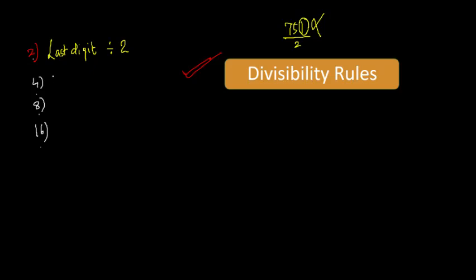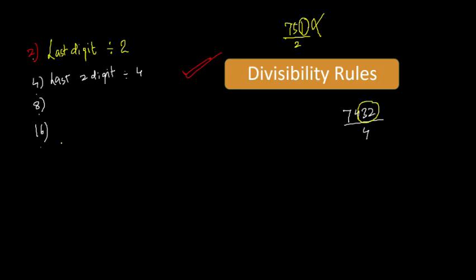So the rule of 4 is the last two digits must be divisible by 4. Can you tell me, a number is 7432, is it divisible by 4? Yes, because its last two digits are 32.